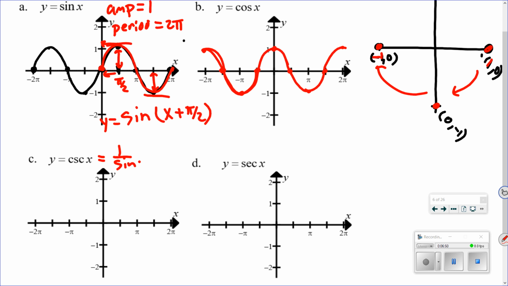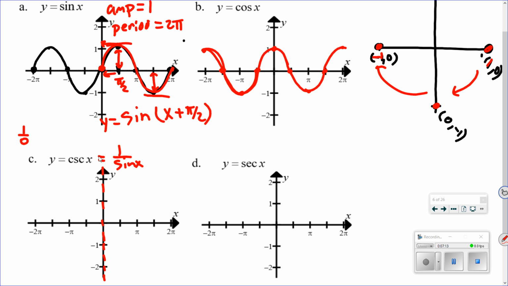So what I can do is take those points and take the y-coordinate and flip it over. When the angle is 0 right here, if I take 0 and take the reciprocal, I end up with 1 over 0. That doesn't work, right? So the cosecant is undefined when your angle is equal to 0.